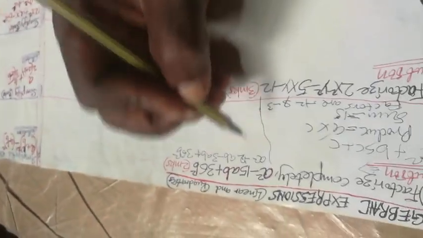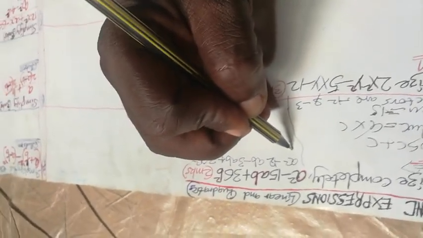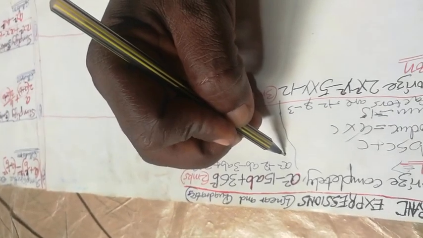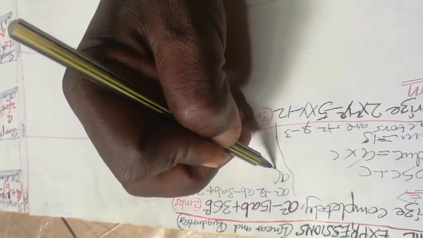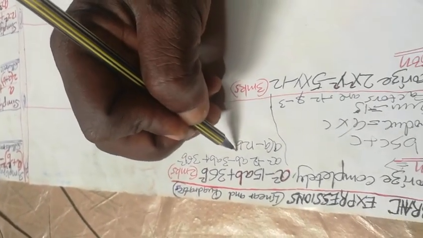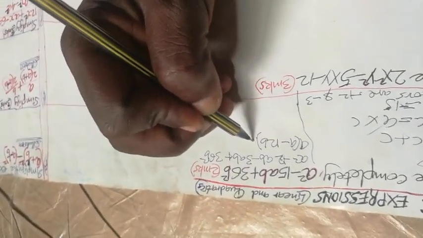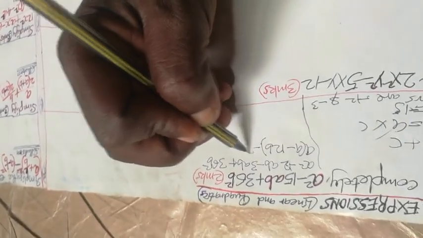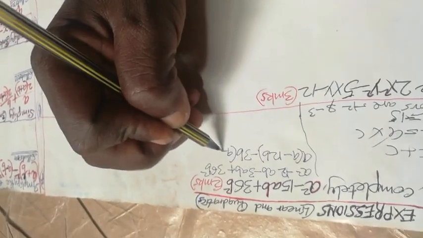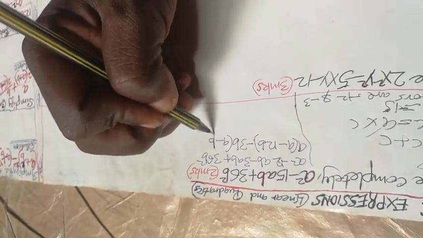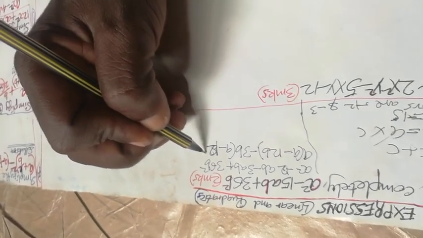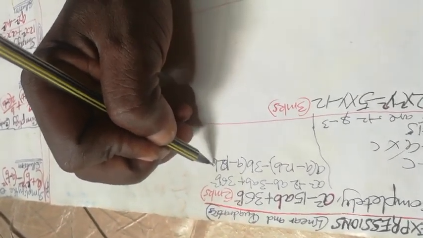Hence we say a into brackets a minus 12b, minus 3b into brackets a minus 12b.